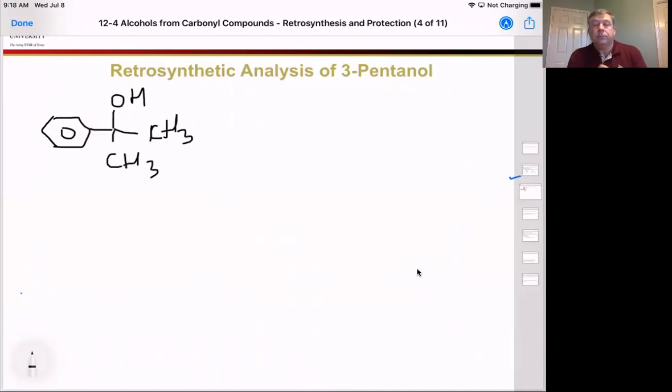So if we think about a retrosynthetic analysis of this, we have a tertiary alcohol, so that means we need to start with the ketone here.